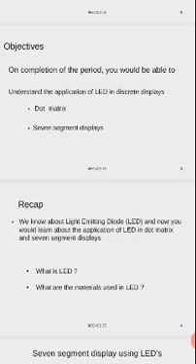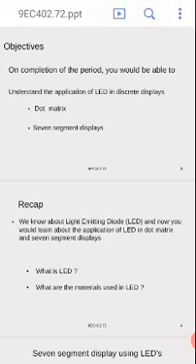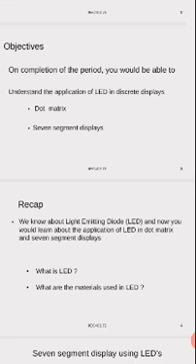And we discussed the entire basic things of LED. Construction, VI characteristics, working principle, symbol, discussed. Now we are discussing applications of LED.